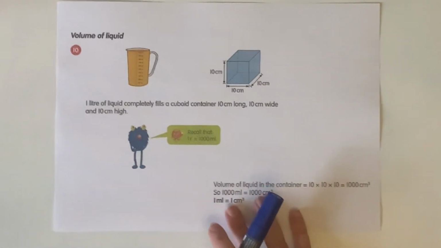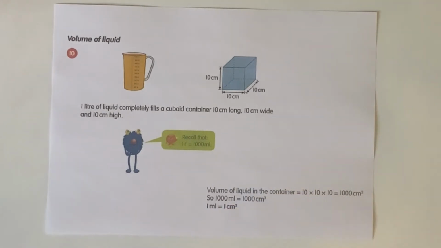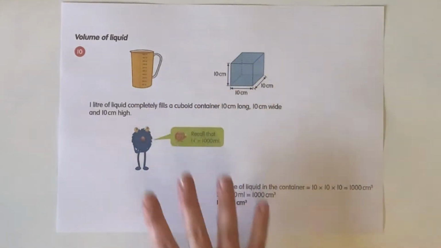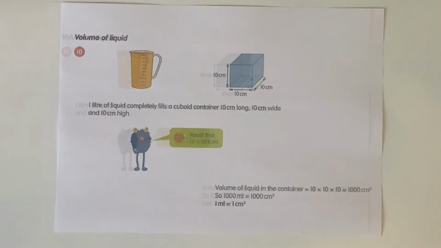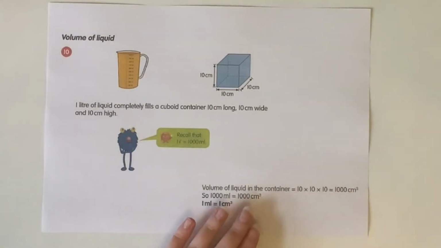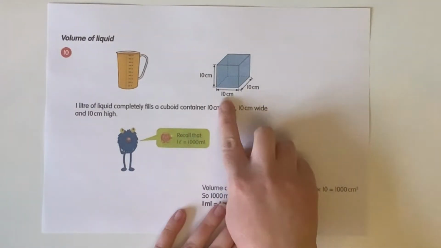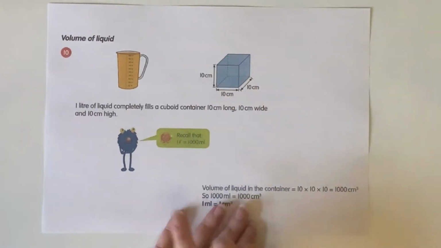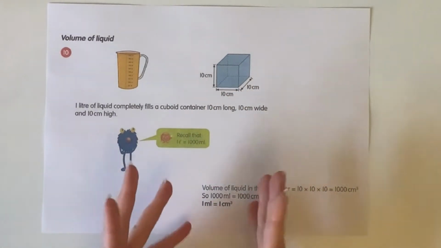Today we are going to be finding the volume of liquid. We're going to need to apply our knowledge of finding the volume of solids to now finding the volume of liquid. Here in my picture, I have a 10 by 10 by 10 centimetre plastic container.